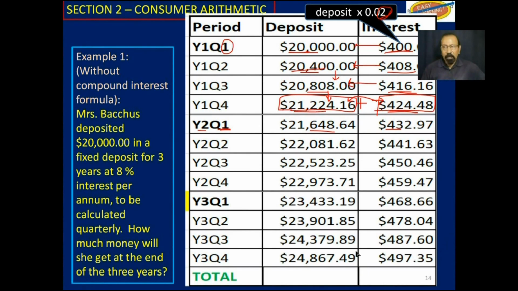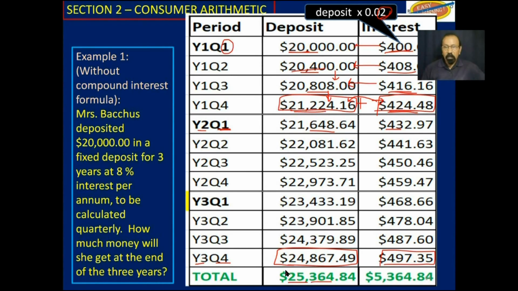So finally, at the end of year three, quarter four, this is the principal now. Remember, she started out with 20,000. This is the principal now, and this is the interest for the last quarter. So if we add those two, our amount will be $25,364.84.